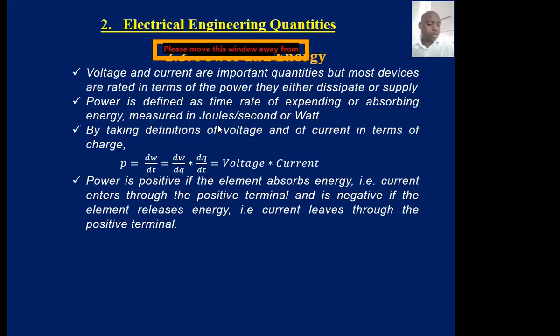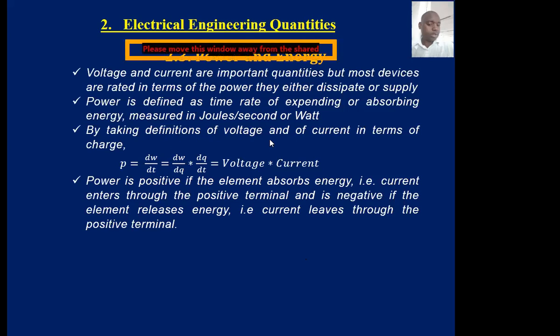So the rate of dissipation or absorption of energy gives you the power developed at a certain period of time. So what it means is there should be use or supply of energy for us to talk about power, right?